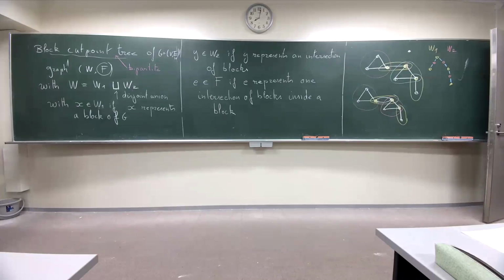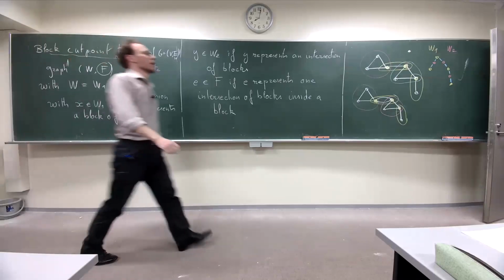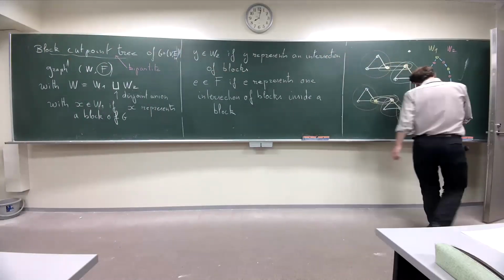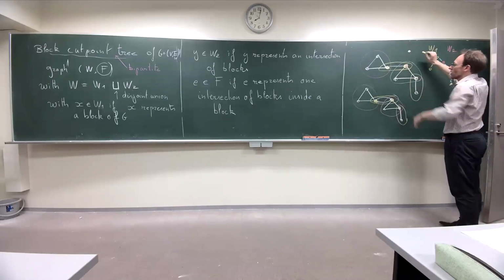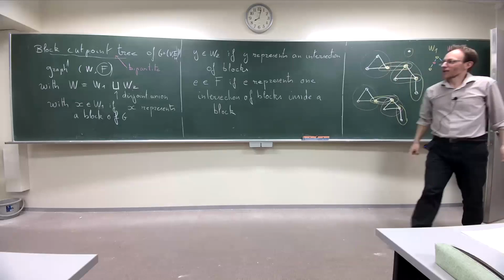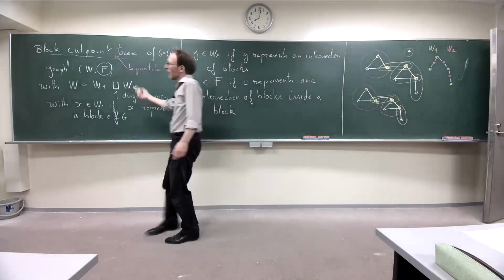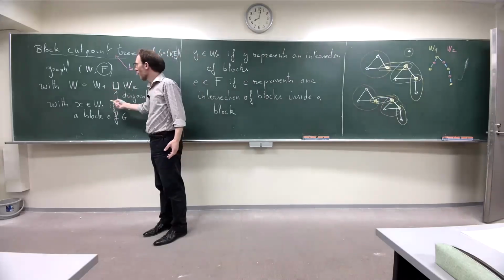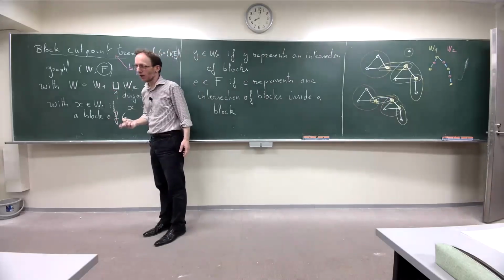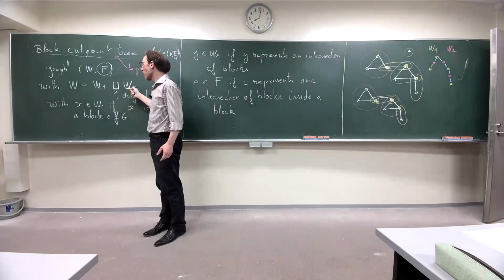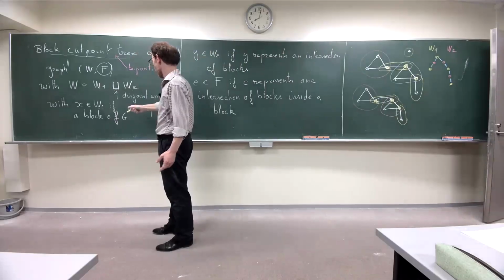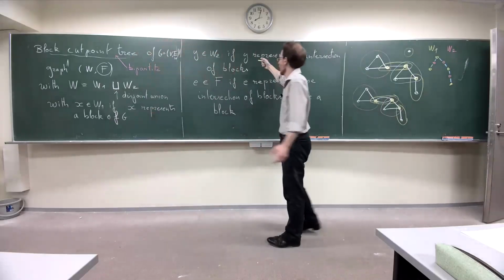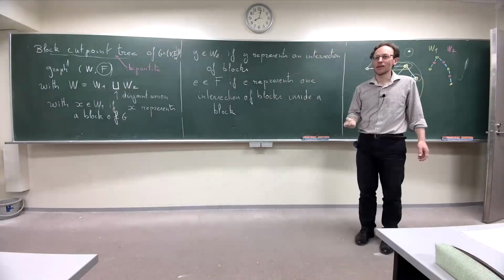What about the lonely guys? They can also be a block, but they are not interesting. This is this lonely guy. So first, it's a separate picture. Check. It's a block itself. So it's going to be one element in W1. What about W2? You have no intersection of blocks, so there is no element in W2.